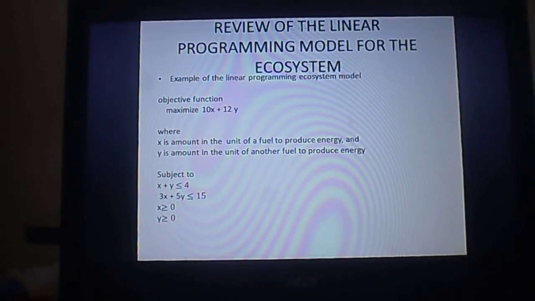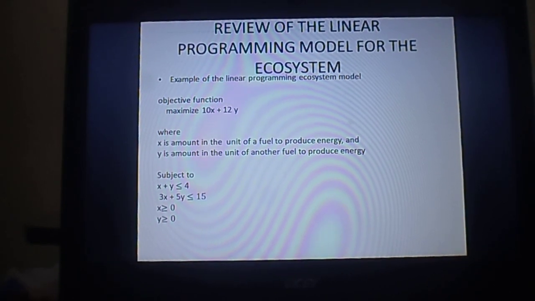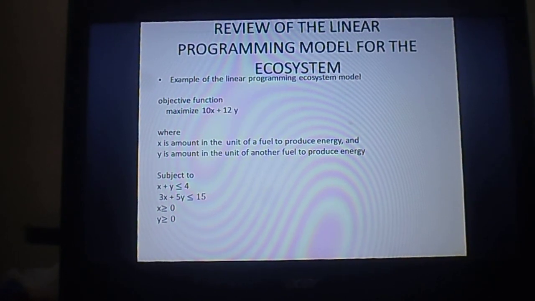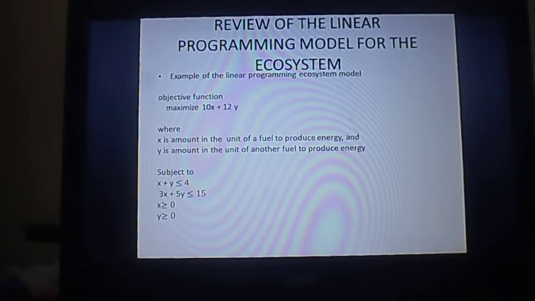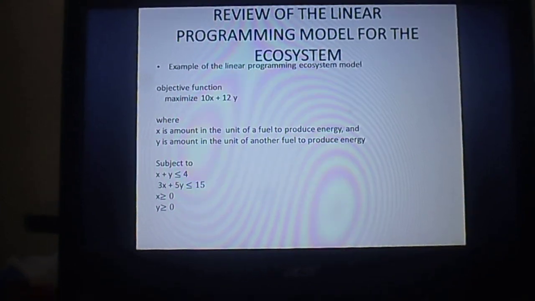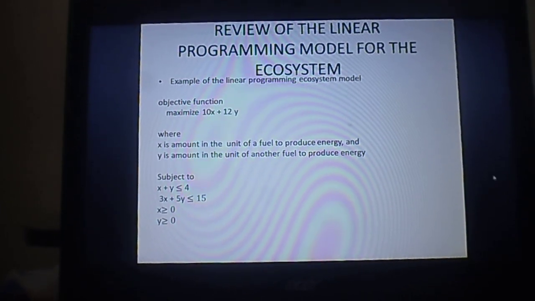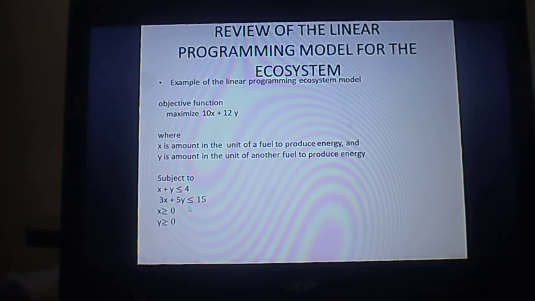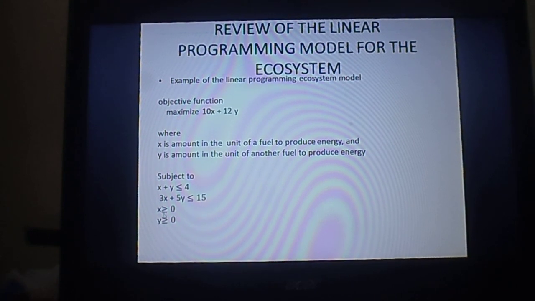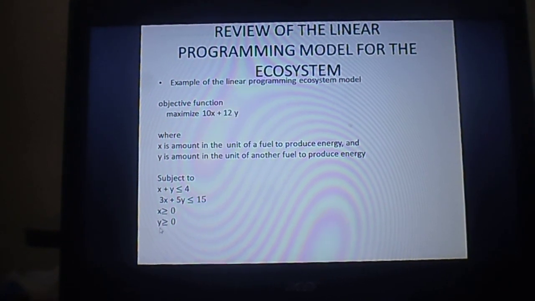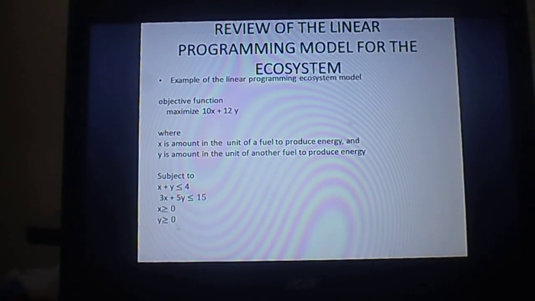The goal is subject to the constraints, namely x plus y less than or equal to 4, 3x plus 5y less than or equal to 15, x greater than or equal to 0, and y greater than or equal to 0.